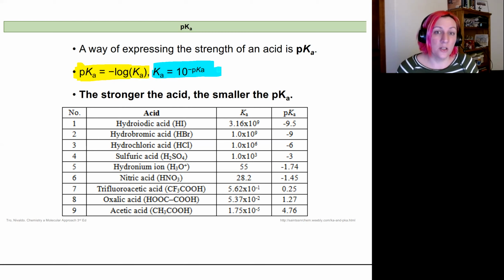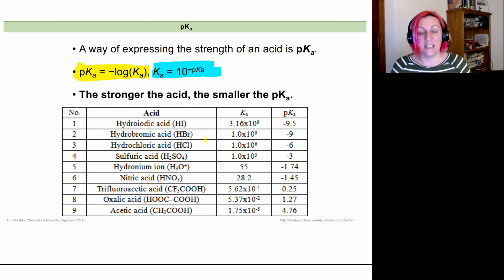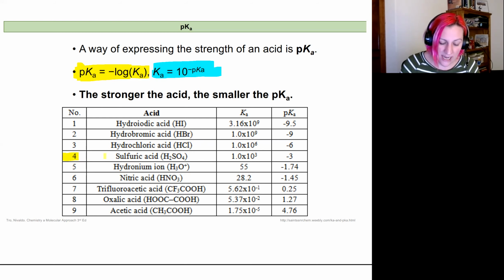And so we can report that pKa in a table. Oftentimes, if you look up how acidic something is, you'll find a pKa value listed. We have some examples here. Let's highlight the ones that are extremely strong acids. Hydroiodic acid, hydrobromic acid, hydrochloric acid, sulfuric acid, these are all really strong acids.